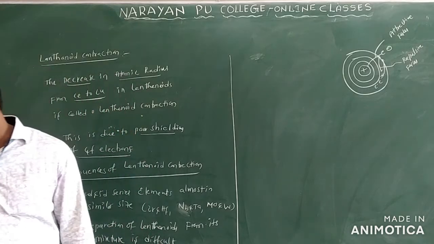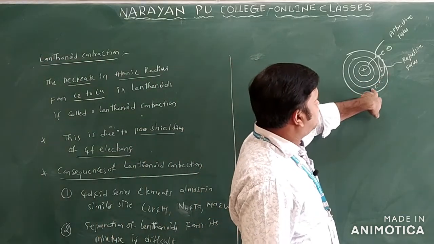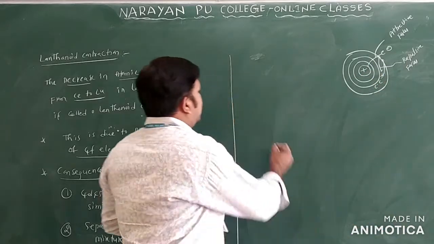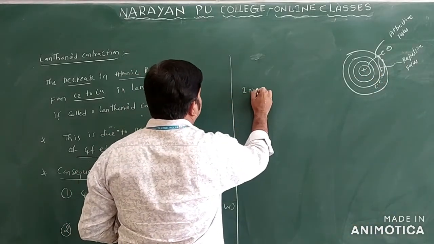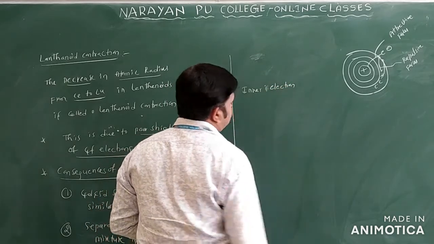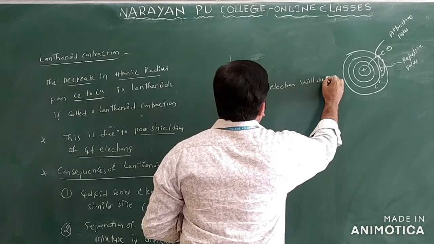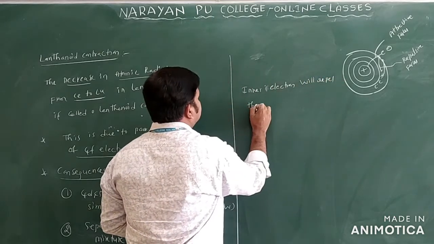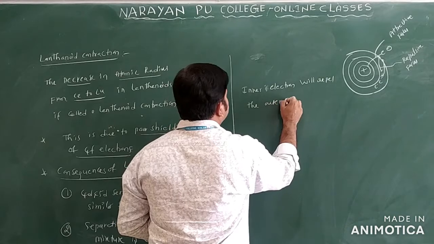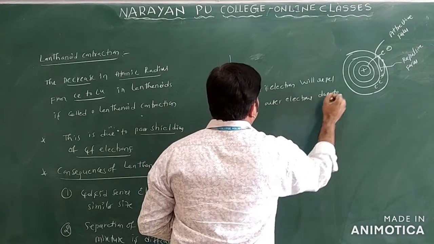Here inner electrons are there; these are called inner electrons, and these are outer electrons. Inner electrons will repel the outer electrons due to the same charge.